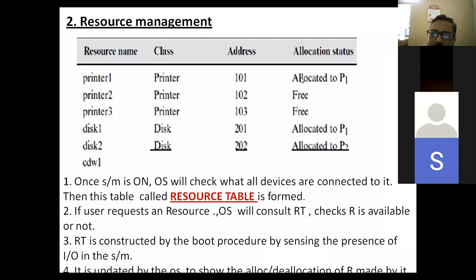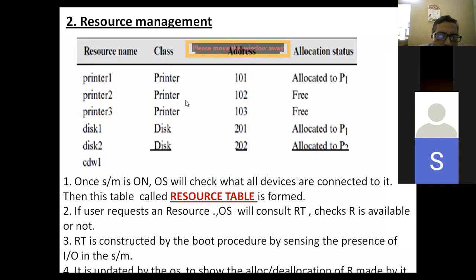Hence, this resource table will be constructed at the boot procedure. So what is a boot procedure? Booting is nothing but loading of the OS from ROM into the processor or CPU. That we call the booting process.